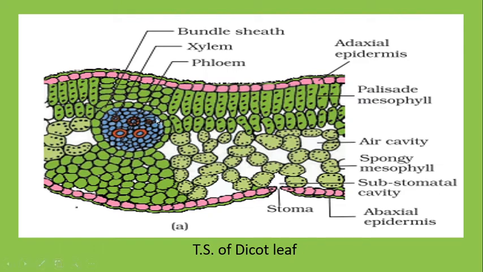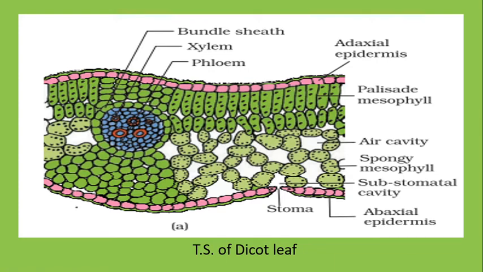The vessels which are larger in size are towards the lower epidermis, and the vessels which are smaller in size are at the upper epidermis. That is, protoxylem lies towards the upper surface and metaxylem towards the lower side.